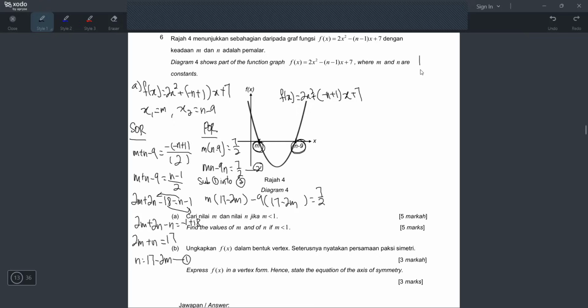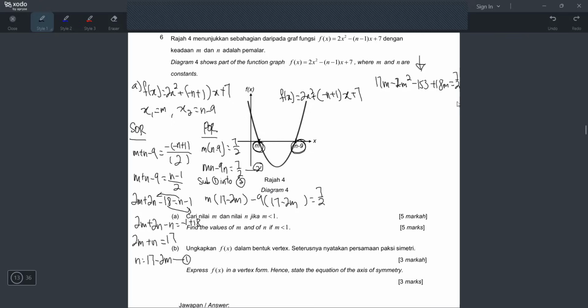Okay, I will continue my working here because not enough space. So m times 17, expand 17m, m times negative 2m, negative 2m square, and then negative 9 times 17, you can use calculator. Let's press 9 times 17. 153. So it will be negative 153. And then negative 9 times negative 2 is positive 18m equals 7 over 2.